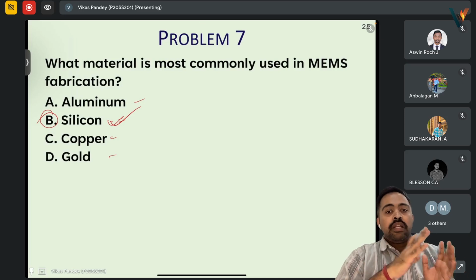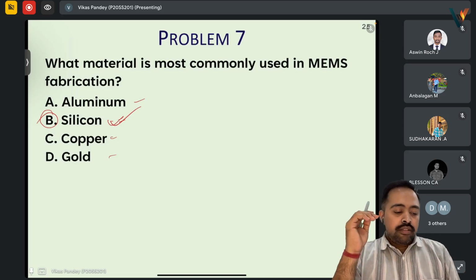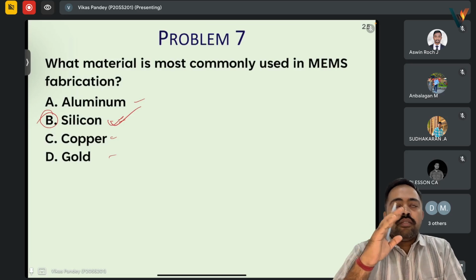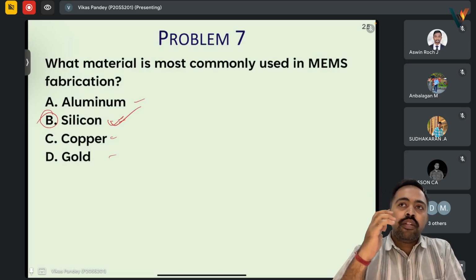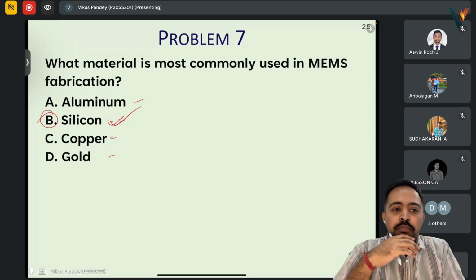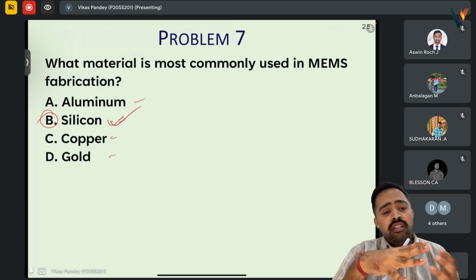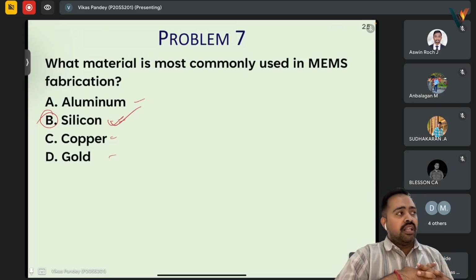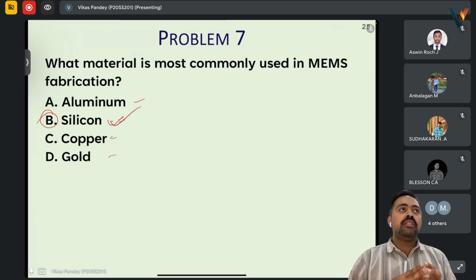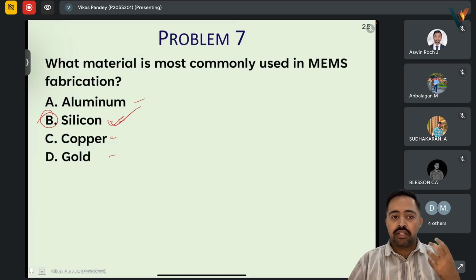To replace silicon at present, it will need a lot of money, because silicon fabrication is very dominant, and almost all the devices you say are silicon based.